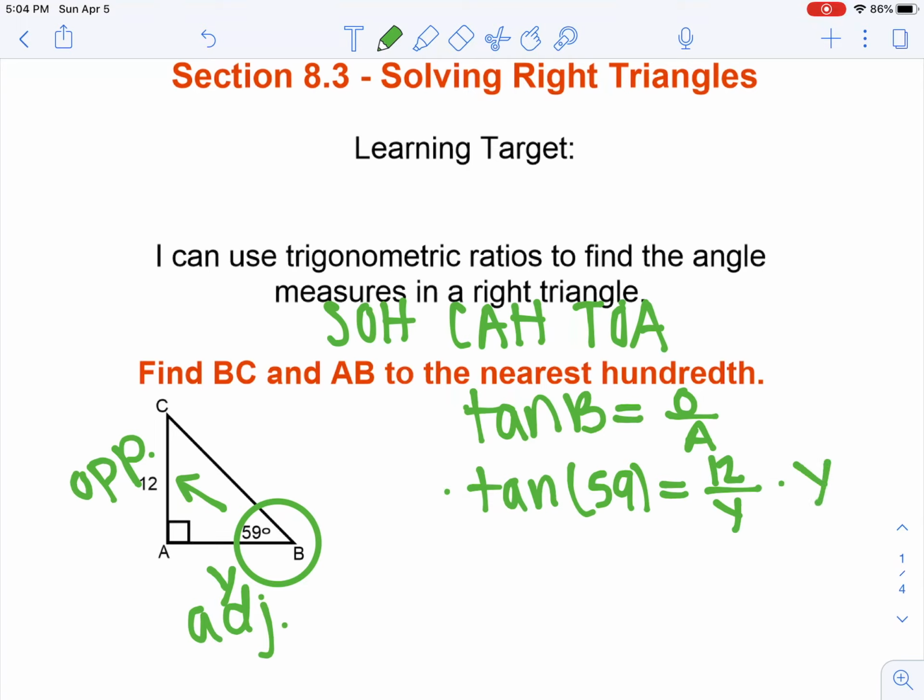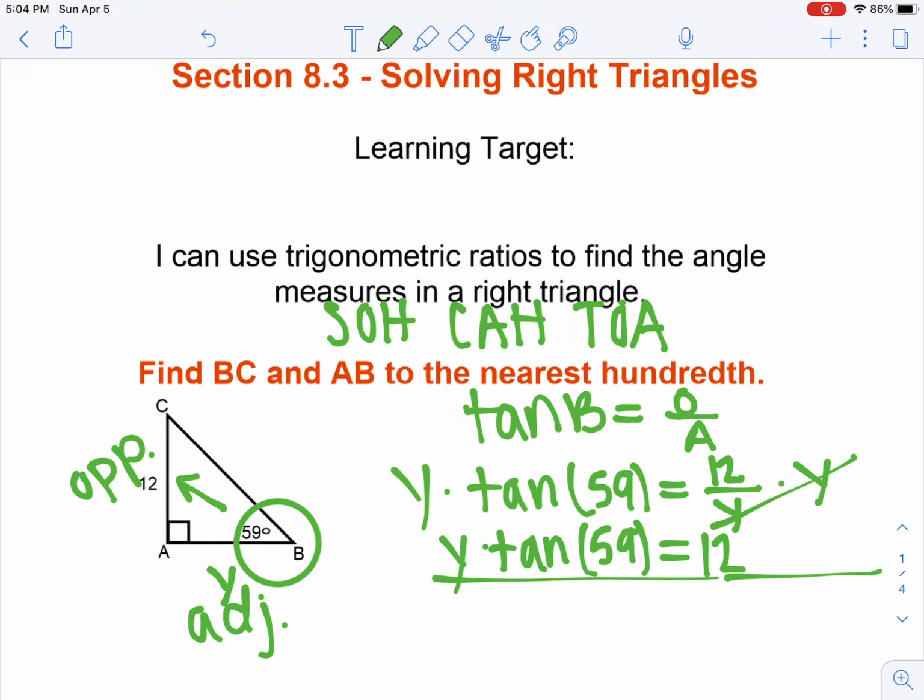So we're trying to get Y by itself. This is kind of the same process as the last one, so multiply both sides by that variable. So we have Y times tan of 59 equals 12. Then we can divide both sides by tangent of 59.